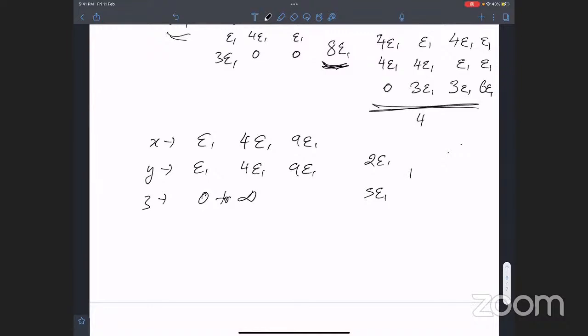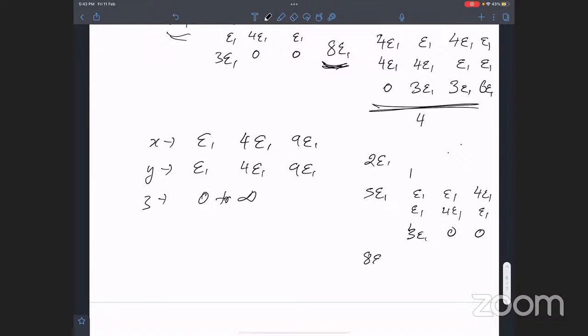The moment I go to 5E1, there are actually three ways, because I can do E1, E1 and 3E1, or E1, 4E1 and 0, and 4E1, E1 and 0. So the moment I hit 5, I can do this.